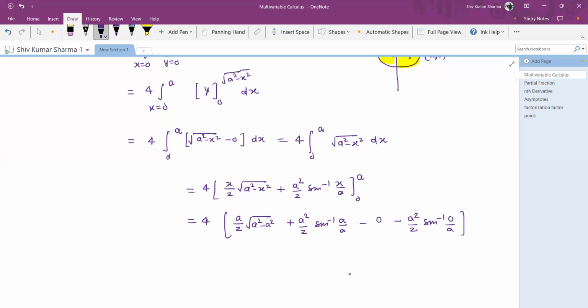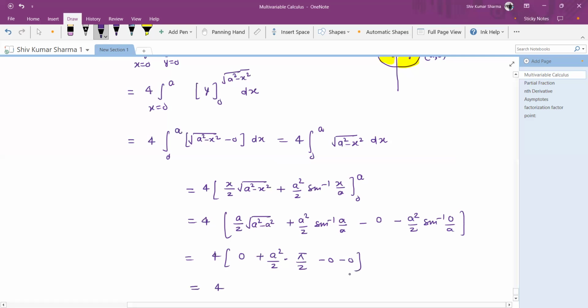Sine inverse 0 is 0, so this is also equal to 0. So 4 into the first term, which is 0, plus a square upon 2 sine inverse 1. Sine inverse a upon a means sine inverse 1, which is equal to pi by 2, minus 0 minus 0.